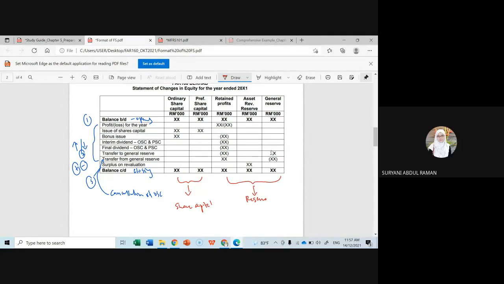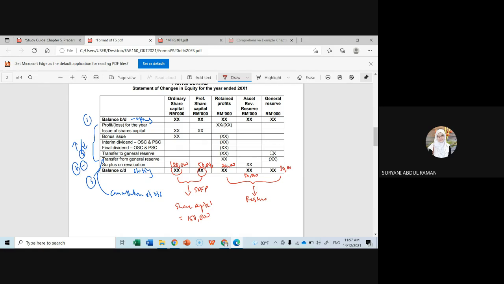Say ordinary share capital amounted to 100,000, and preference share capital is 50,000. How much is the value that you need to transfer to the SOFP? How much, class? 150,000. Very good, 150,000. Similar for retained profit, asset revaluation reserve, and general reserve. Let's say this one is 200,000, this one is 50,000, and this one is 30,000.